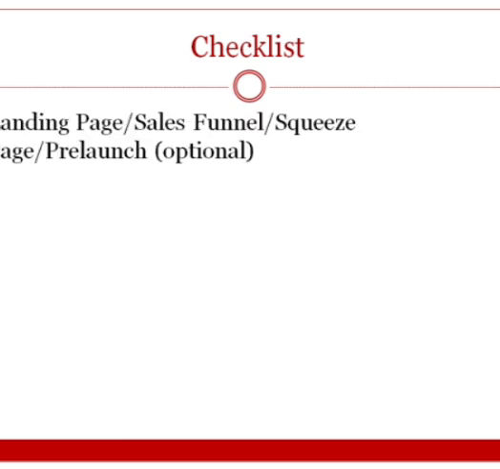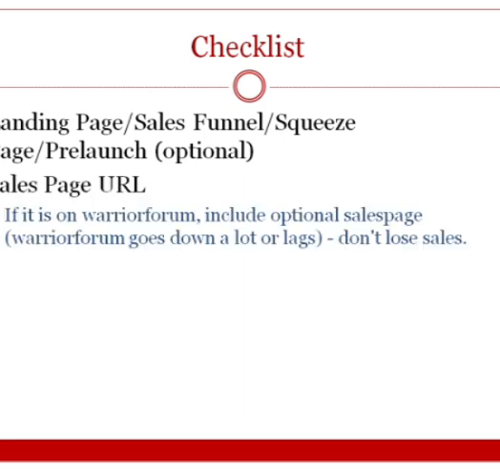And of course you're going to need to have some sort of landing page, which is an option. You don't have to have a sales funnel squeeze page, pre-launch page, but that is an option if you want to do that. Otherwise, if you leave that blank, it'll default to the sales page URL. And of course, if your sales page is on the warriorforum.com as a Warrior special offer, Warrior Forum tends to go down or lags a lot.